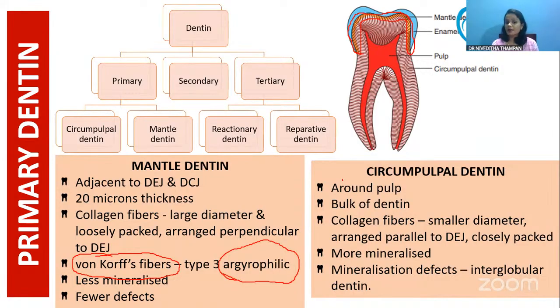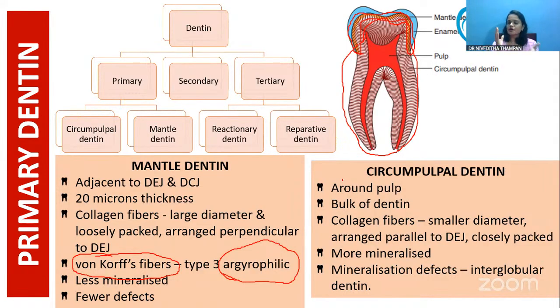But circumpulpal dentin is not like this. All the remaining dentin that forms the bulk of the tooth is the circumpulpal dentin. Here, the collagen fibers have very small diameter, are tightly packed, and are arranged parallel to the dentino-enamel junction. Whatever is seen in the mantle dentin, the complete opposite is seen in the circumpulpal dentin.